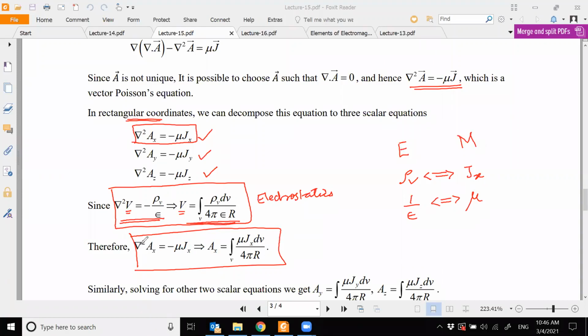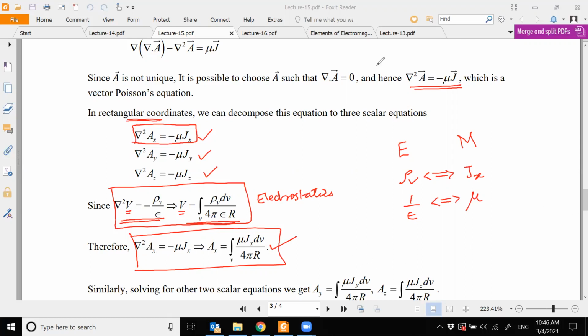Then therefore, I can get AX as the integral over V of rho V, which is JX, dV over 4 pi epsilon. So epsilon will be 1 over mu, because 1 over epsilon is mu, and so mu goes to the numerator. So AX is the integral over V of mu JX dV over 4 pi R. So this is how you can get the X component of the magnetic vector potential.